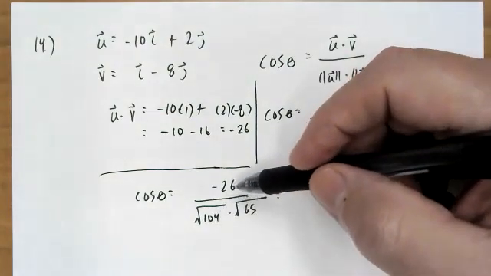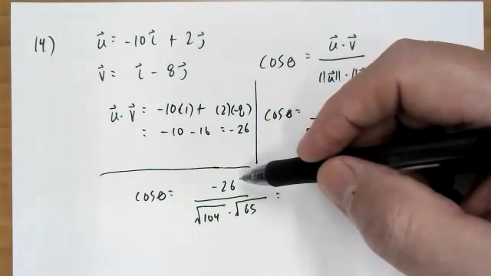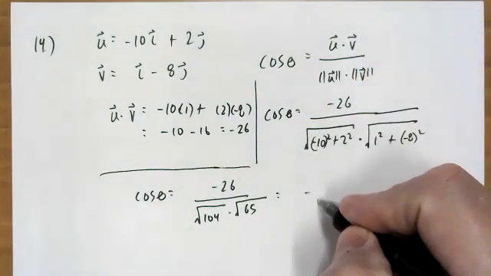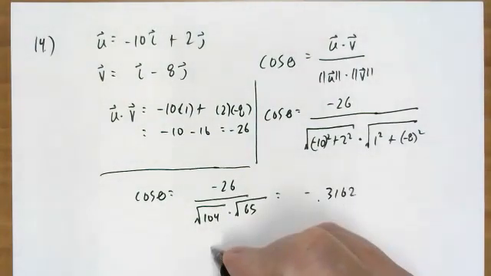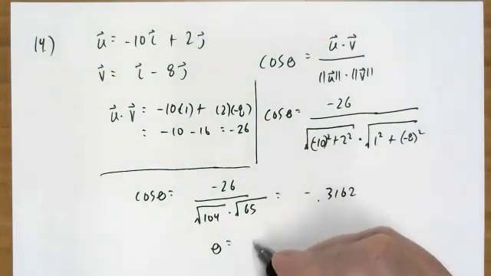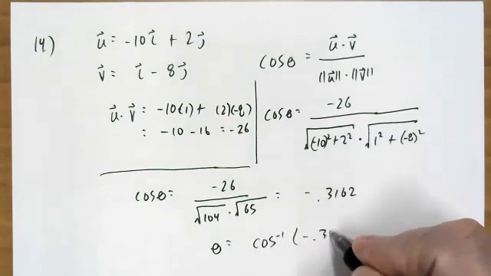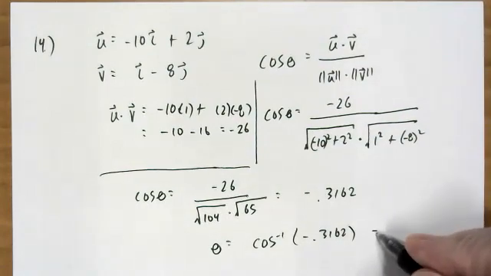So if I multiply all this stuff, negative 0.3162. So therefore the angle is the inverse cosine of negative 0.3162.